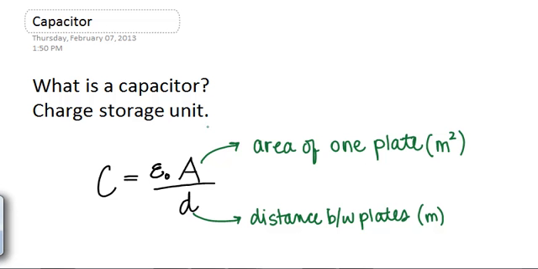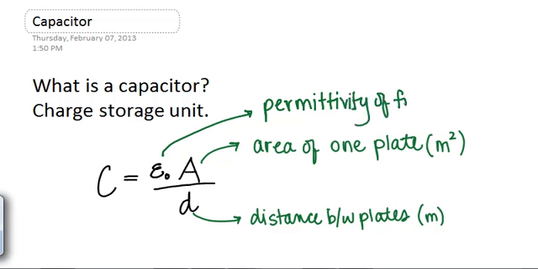Okay, so this is our permittivity of free space. And it has a value, and I'm going to write it right above it because I kind of ran out of space.